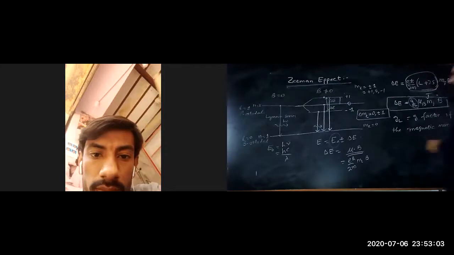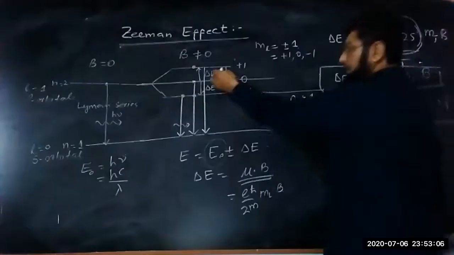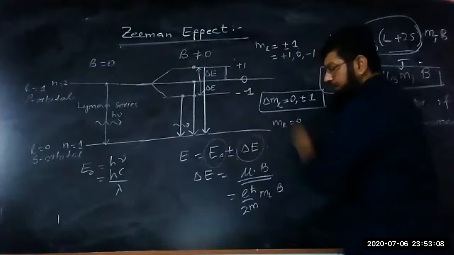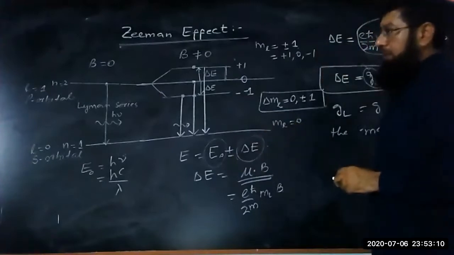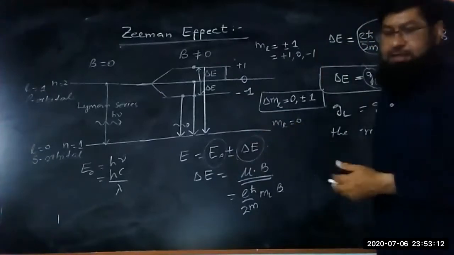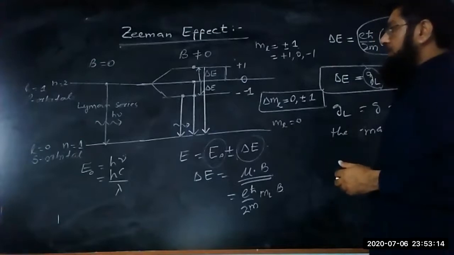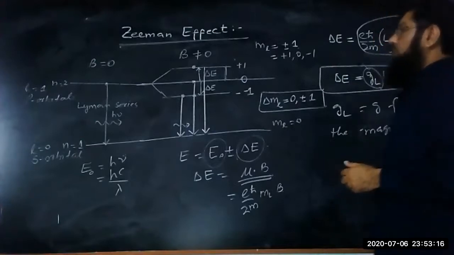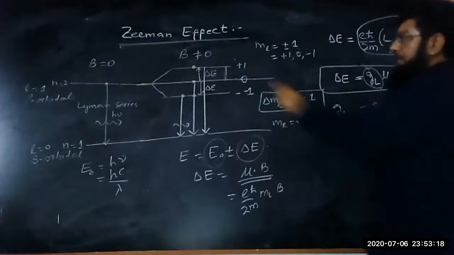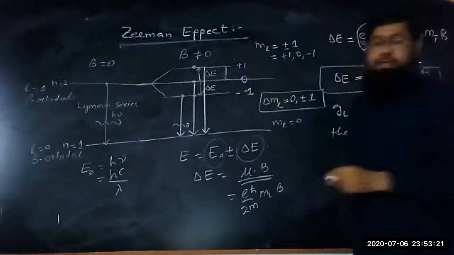From here, this is the delta E, which is the change in energy. You can easily find out the change in energy. So this is the way the energy level is split out.